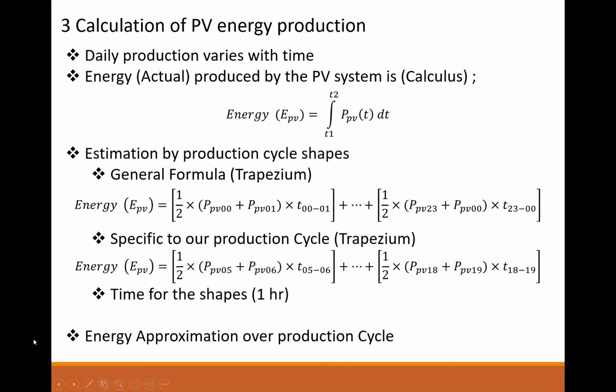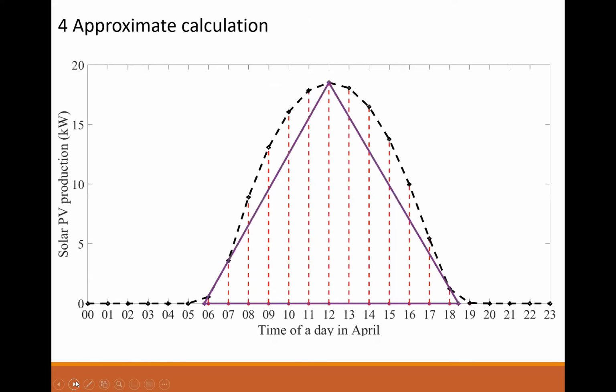So we move on to look at the energy approximation over a production cycle. If we don't consider a trapezium, what can we consider next? We can extract a triangle from our graph, starting from somewhere before 6 and ending somewhere after 6.